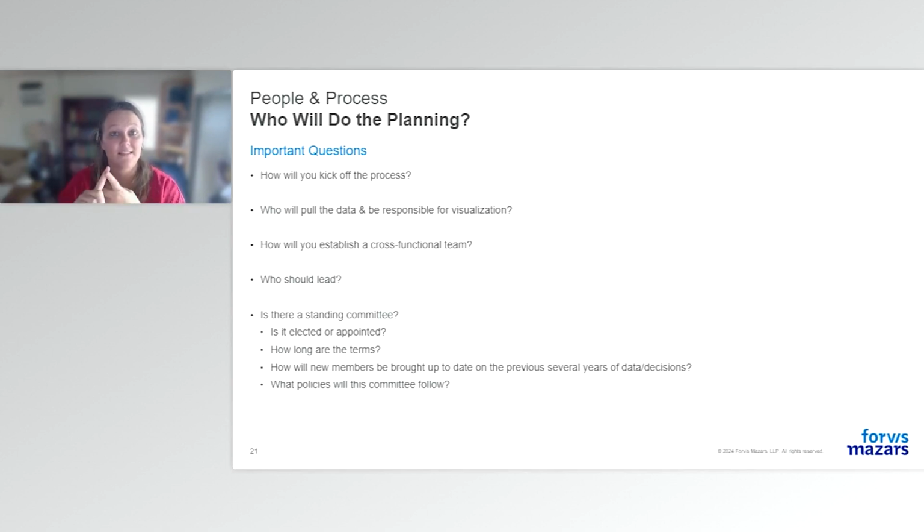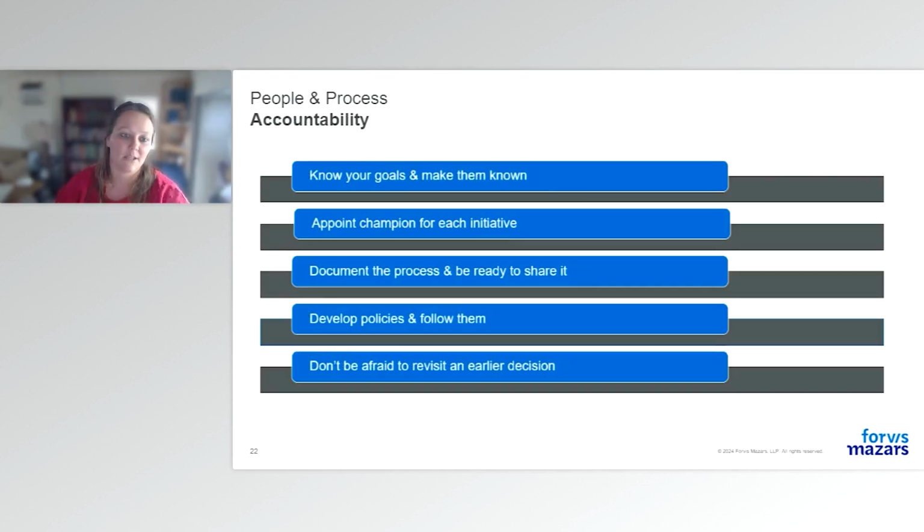And so is this committee elected or appointed? How long are the terms? Keeping in mind that there's going to be a little bit of a learning curve here, right? So if you're on one-year terms, it might mean that people take just as long to learn this process and then they're rolling off. What sorts of policies is this committee going to follow? And if you're thinking about establishing a standing committee, which I would argue is the most sustainable process, well, someone has to write those policies.